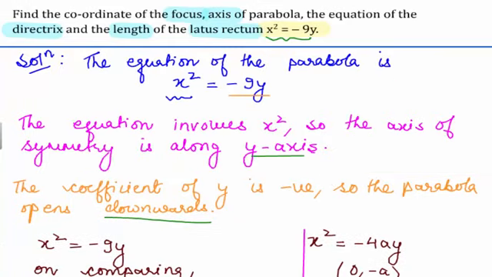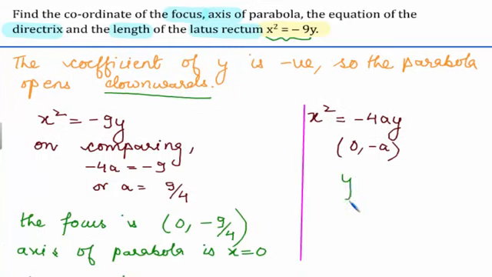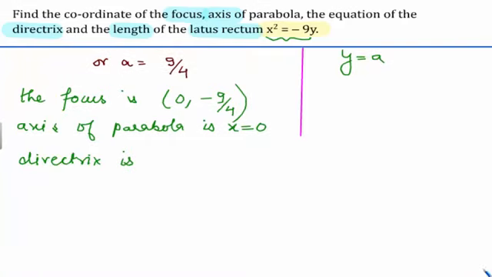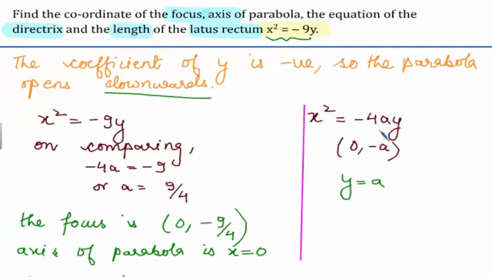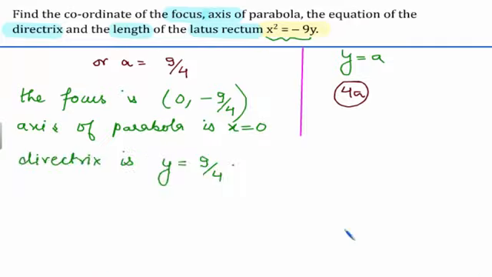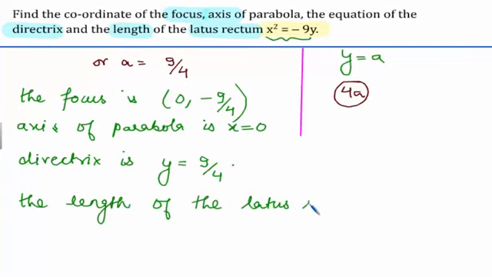Therefore, here the directrix is y is equal to 9 upon 4. And finally, we have to find the latus rectum, and we know that the latus rectum is given by 4a. Therefore, for the given parabola, the length of the latus rectum is 4a, that is 4 into 9 divided by 4, which is equal to 9.